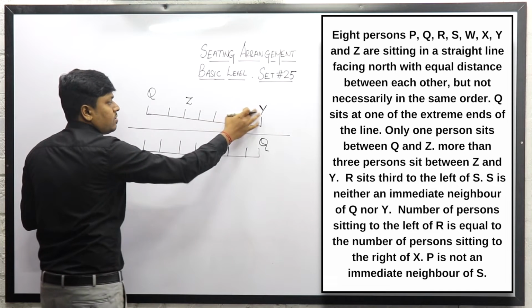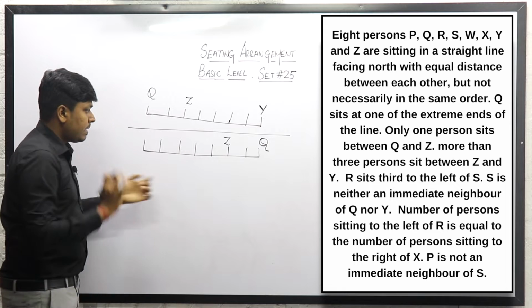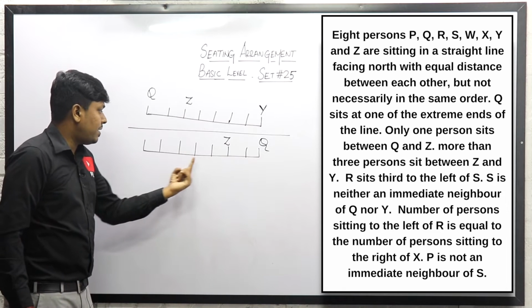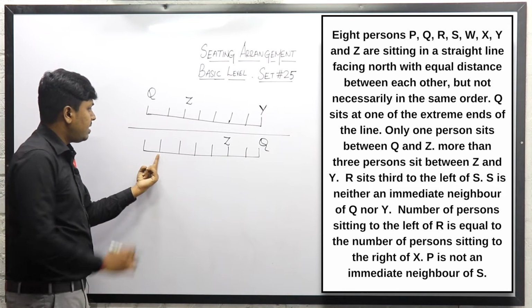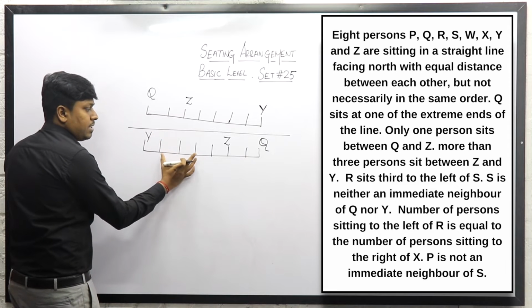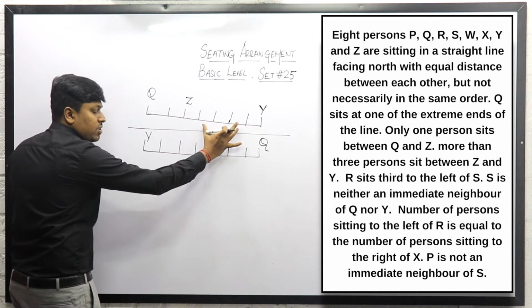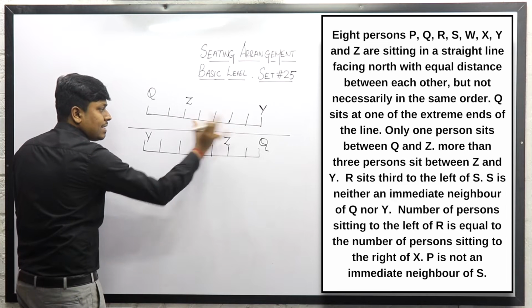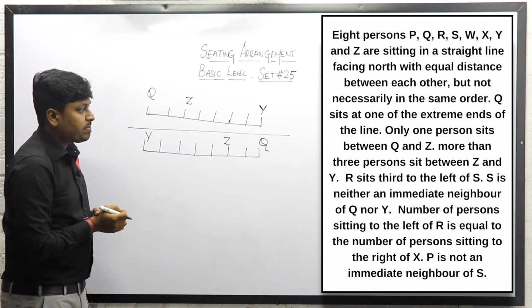So we can say this should be the gap between Z and Y. Similarly, more than 3: 1, 2, 3, it should be more. So definitely Z and Y here have a gap of 4. Similarly, in possible diagram 1, between Z and Y there are 4 persons sitting.